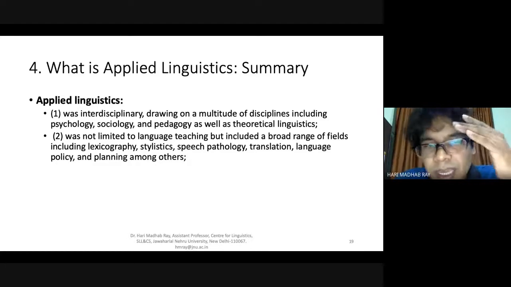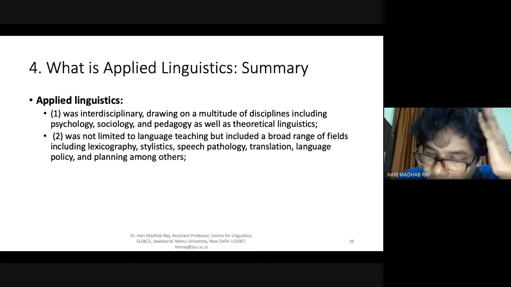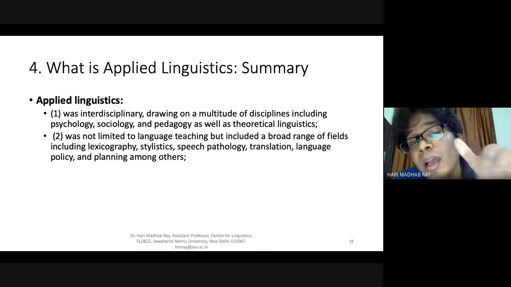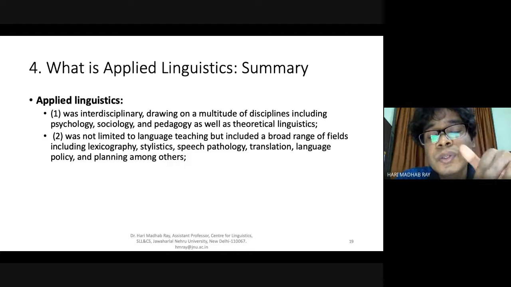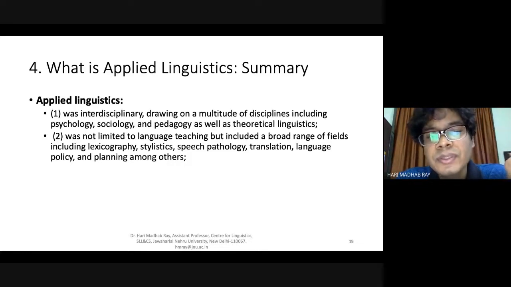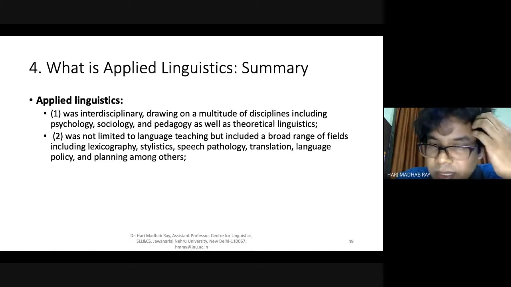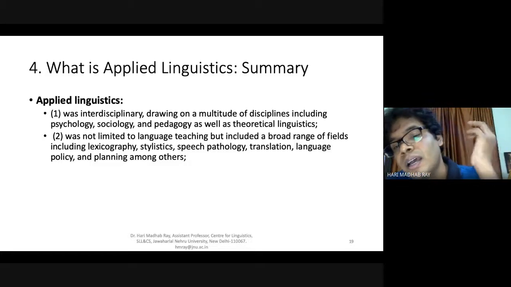It started with the formalist schools back in Russia, but we have seen that stylistics has also widened its scope. It's not only about literary text; they have included non-literary text as well.